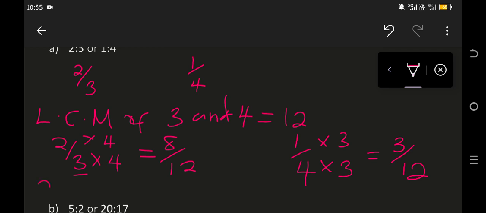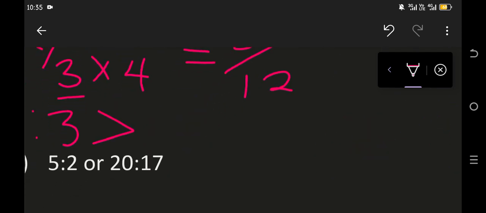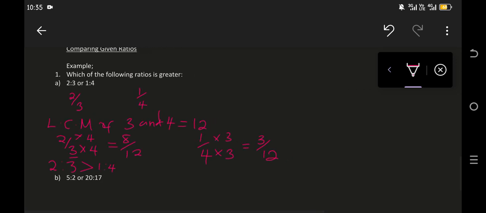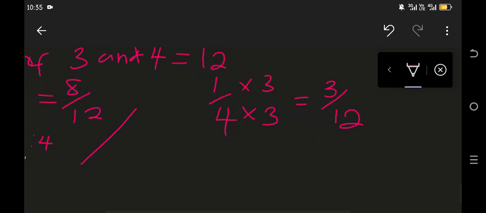So your answer will be 2 to 3 is greater than 1 to 4. You can write it in words, 2 to 3 is greater than 1 to 4. Or you can write 1 to 4 is less than 2 to 3.